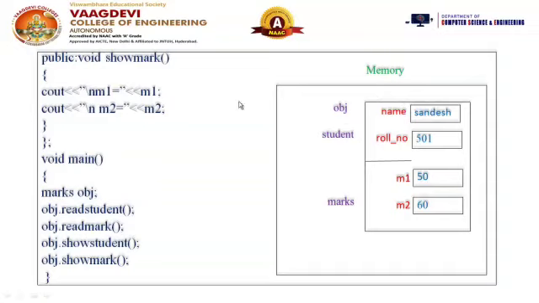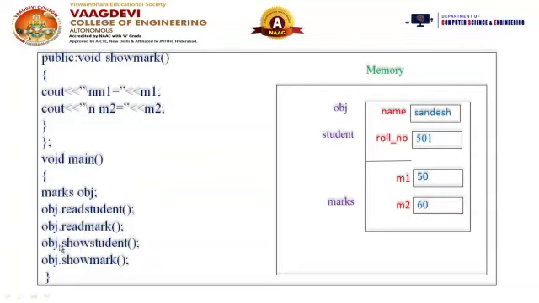Using obj object, member function of student and marks class can be called. The statement obj.readStudent method calls the member function of student class which reads student details. The statement obj.readMarks calls the member function of marks class which reads marks details.